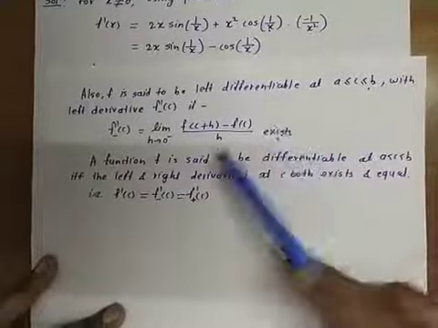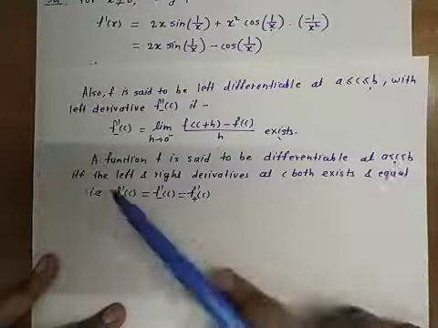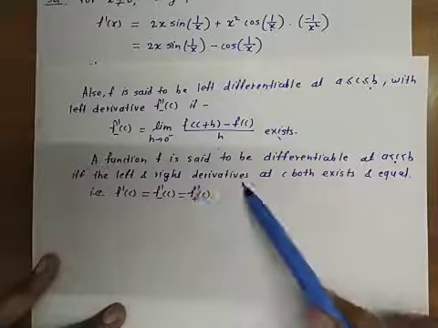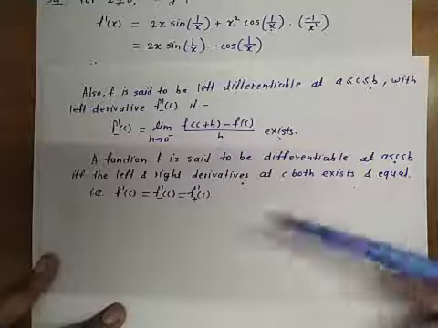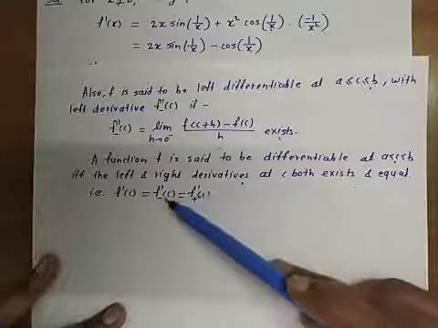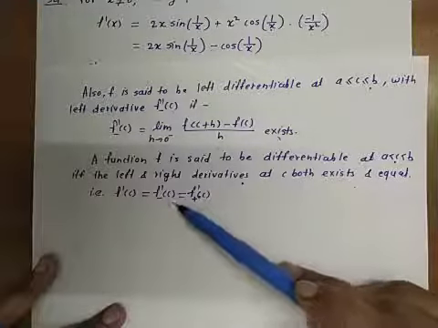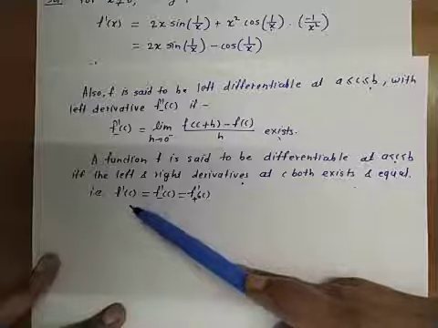Okay, and any function is said to be differentiable at that point c if and only if the left and right derivatives at point c both exist and are equal. Then only we say that the function is differentiable at point c.